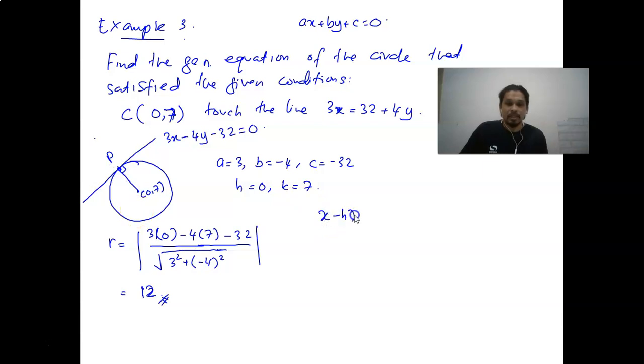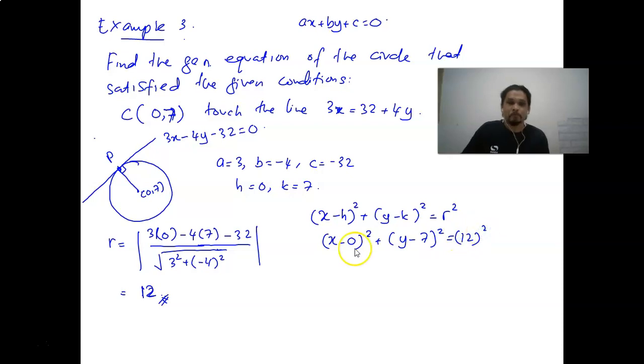The equation of the circle is (x minus h) square plus (y minus k) square equals r square, where h equals 0 and k equals 7, so x minus 0 square plus (y minus 7) square equals 12 square.